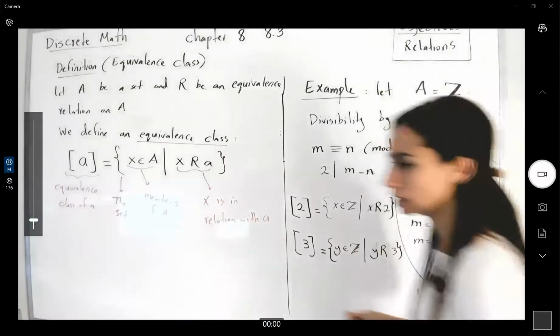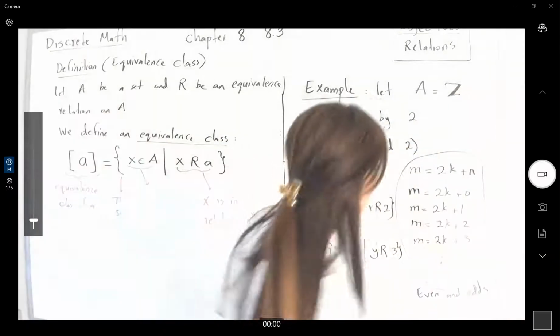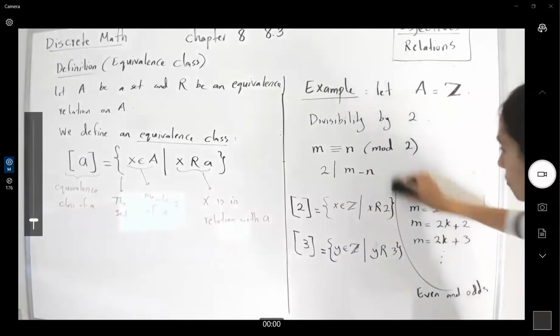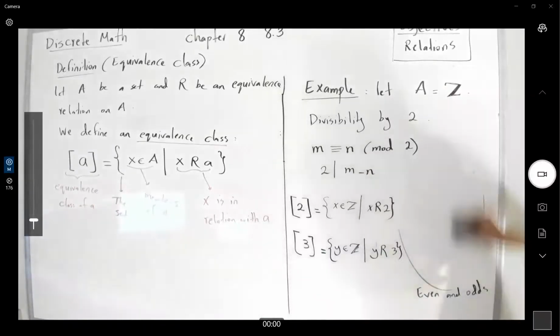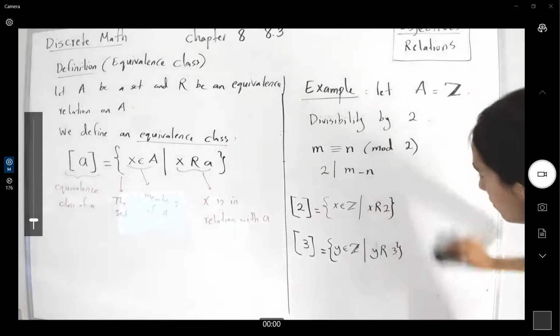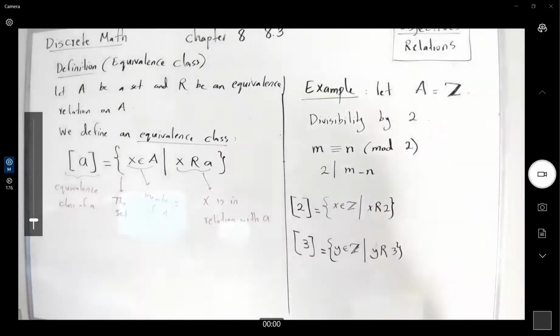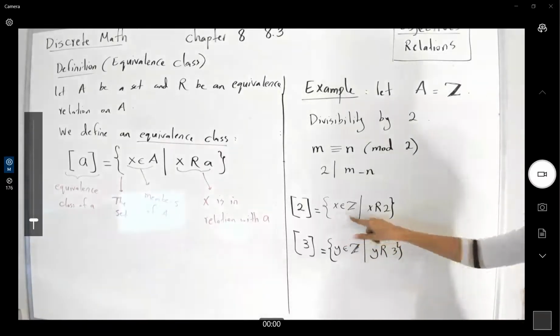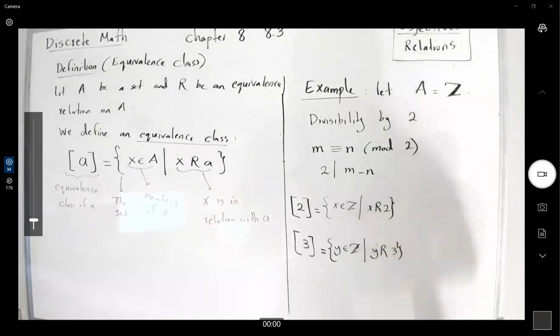Very well, okay. What's the meaning of that? It says X belongs to Z such that X is in relation with 2.